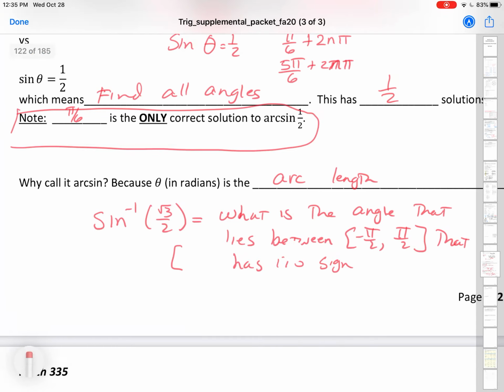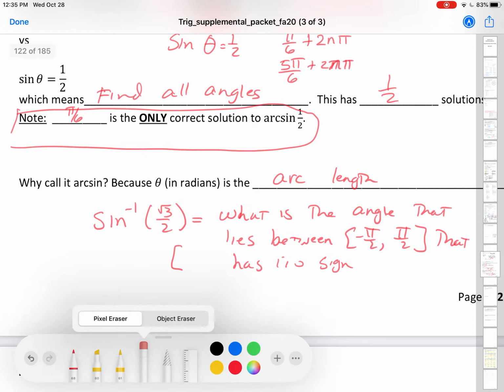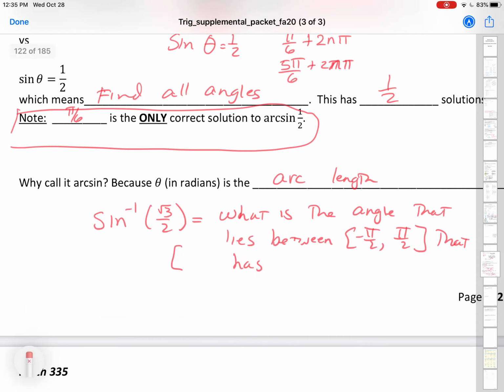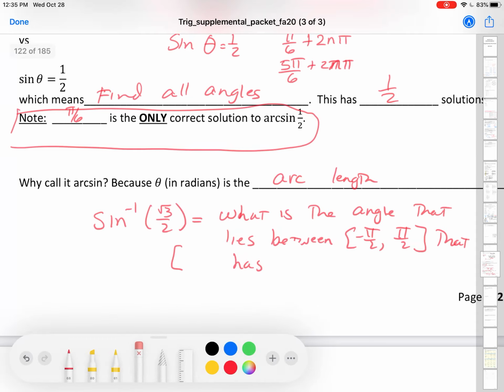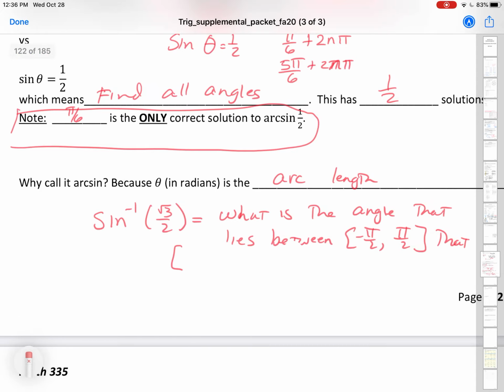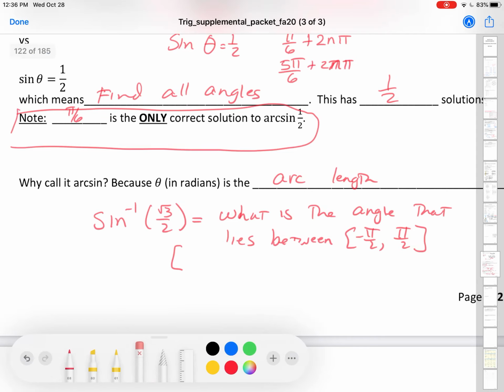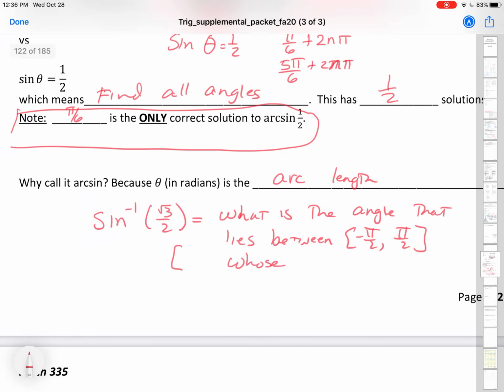Let me erase a couple of things. And the answer to that, we know. It's pi over 3. Pi over 3, by memorization, is the first quadrant angle between those two values that spits that out.